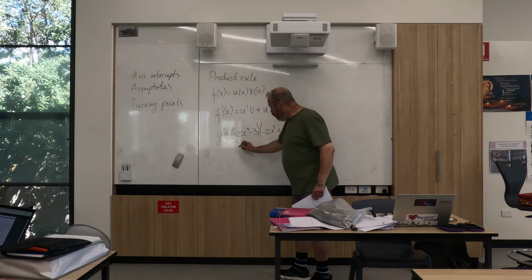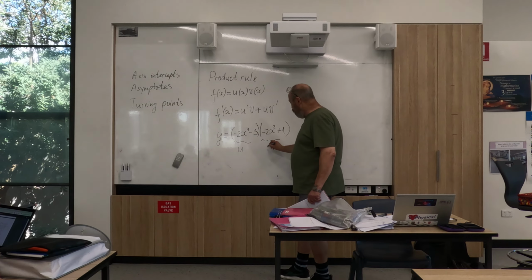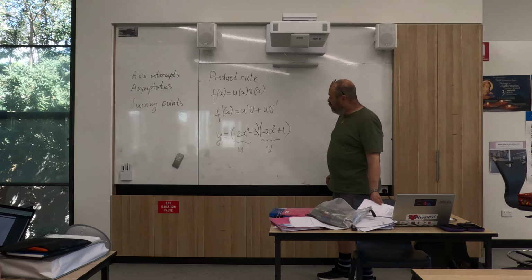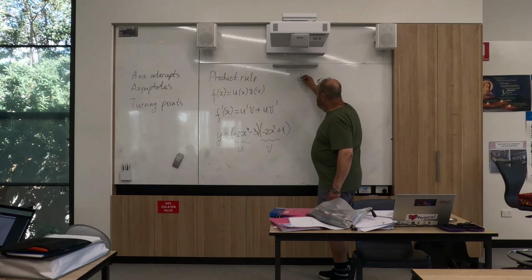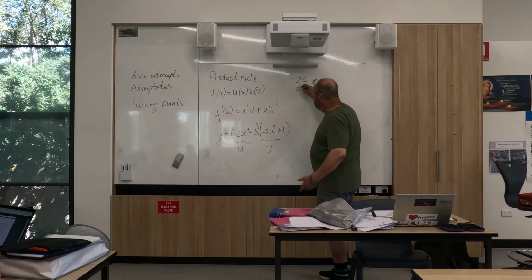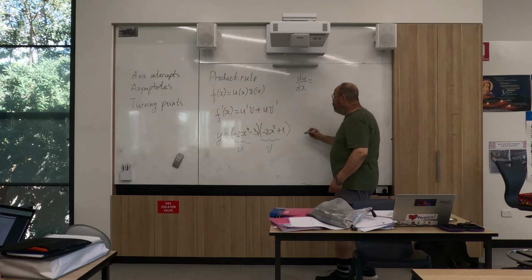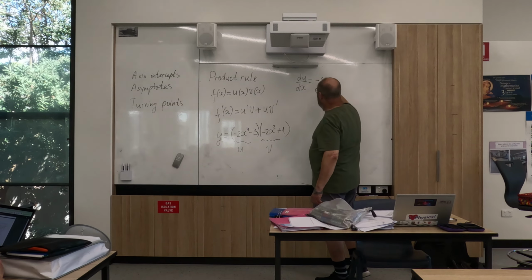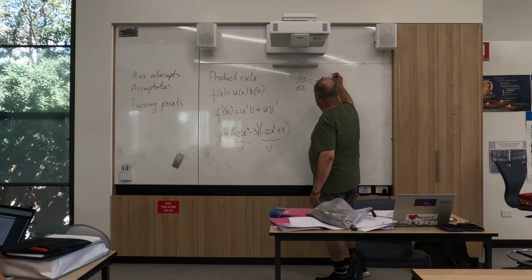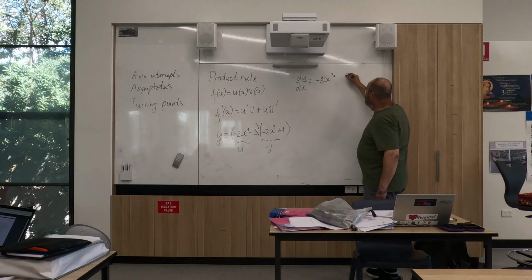So that is our u, that is our function v. What will be du over dx, or the same thing as u dash? Negative 8x cubed. What will be dv over dx equal?